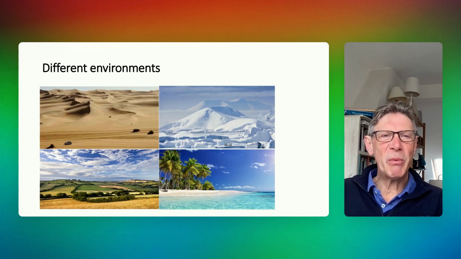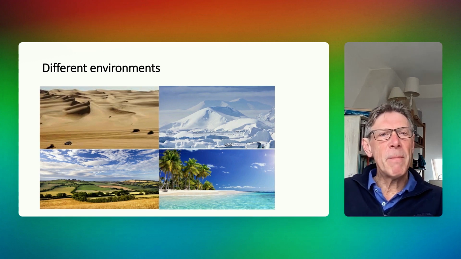Now, going down to the bottom left, which looks very like my country, England, a much more sophisticated ecosystem, because you have a climate where there is enough warmth and enough rain for there to be a good deal of animal, plant life that can sustain itself in that gently hilly environment.